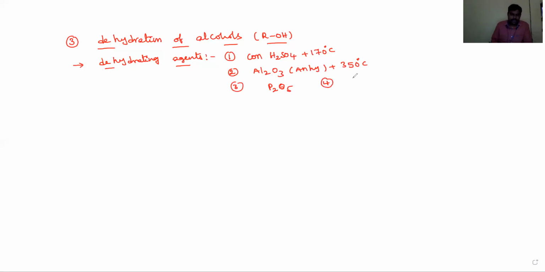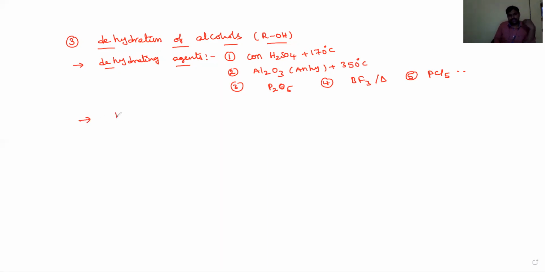The next one is BF3, boron trifluoride, on heating. And another one is PCl5, phosphorus pentachloride. These are the important dehydrating agents. With these dehydrating agents, the alpha OH group and beta hydrogen atom are eliminated.